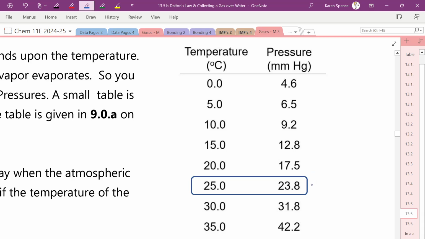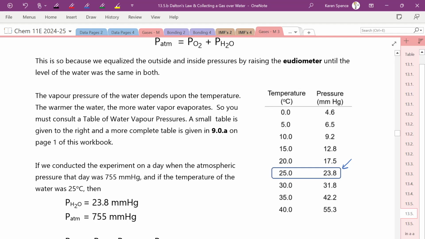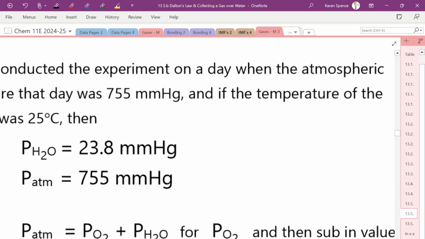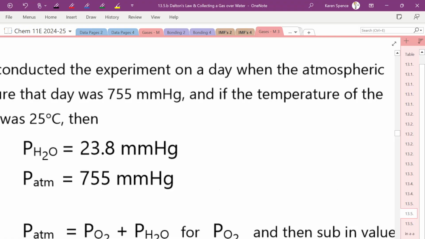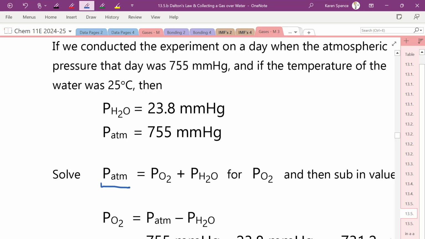You can look up on a table what the pressure is, and here we have 23.8 millimeters of mercury. If we're told that the pressure of the atmosphere is 755 millimeters of mercury, well, the pressure of the atmosphere is equal to the pressure of the oxygen plus the pressure of the H2O. That's Dalton's law.